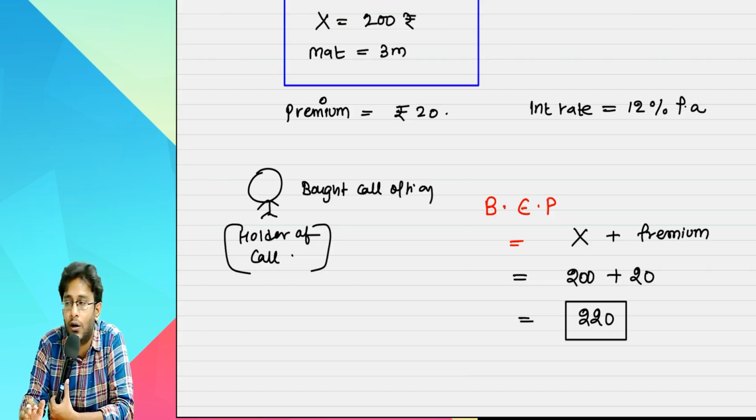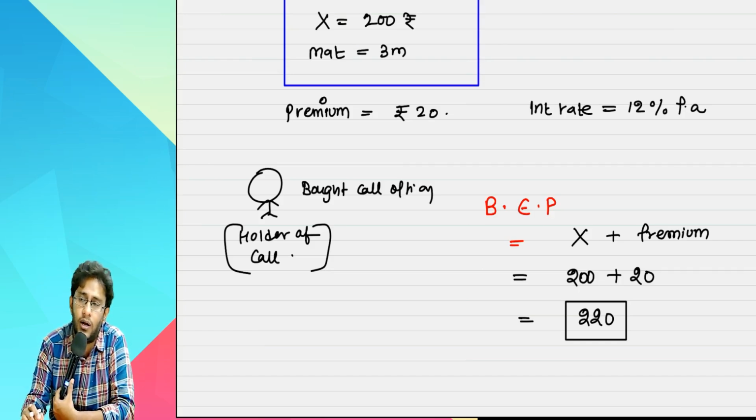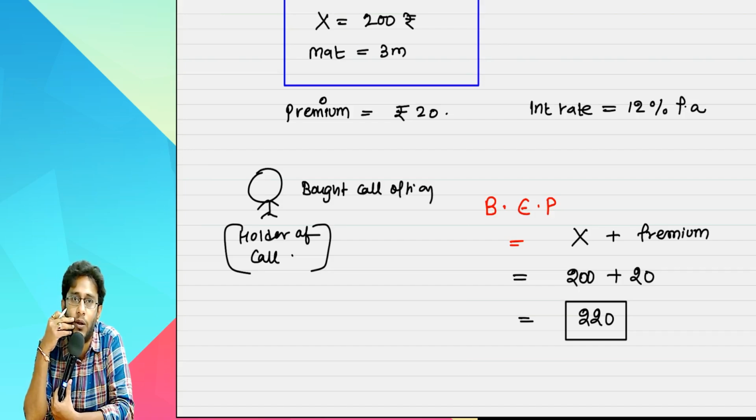If the spot rate on the maturity date becomes 220, then the net gain or loss to the holder, and for that matter even for the writer, will become 0. Net gain or loss formula: we are the holder, sir, payoff minus premium. So at break-even price, payoff should be equal to the premium amount.